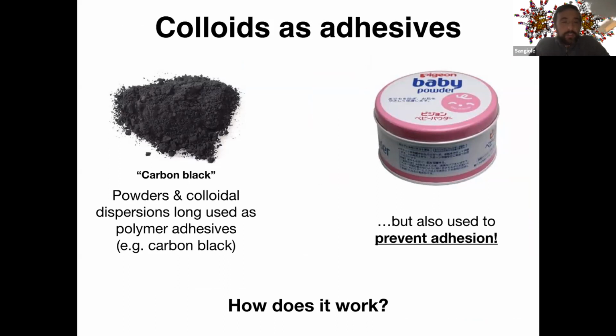So what we really wanted to try to understand is how does it work? Because it's definitely not only chemistry that matters. It's not just the physicochemical interaction in terms of what exactly is the compound that we're using, because the same compound can be used both to increase or prevent adhesion.